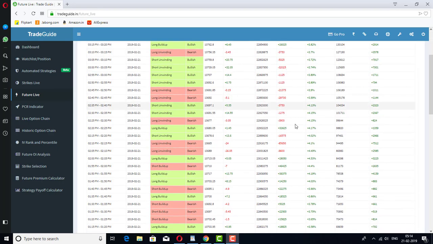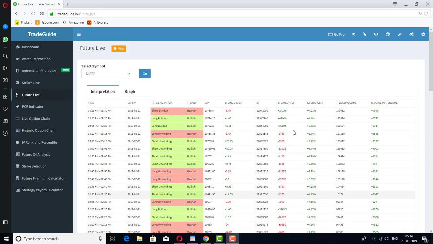So this can be positive or negative, because the open interest can either decrease or increase. Like here we can see that the change in OI has been minus 3,750, and here it has been plus 26,025. So this may vary, and now we move on to the next column.